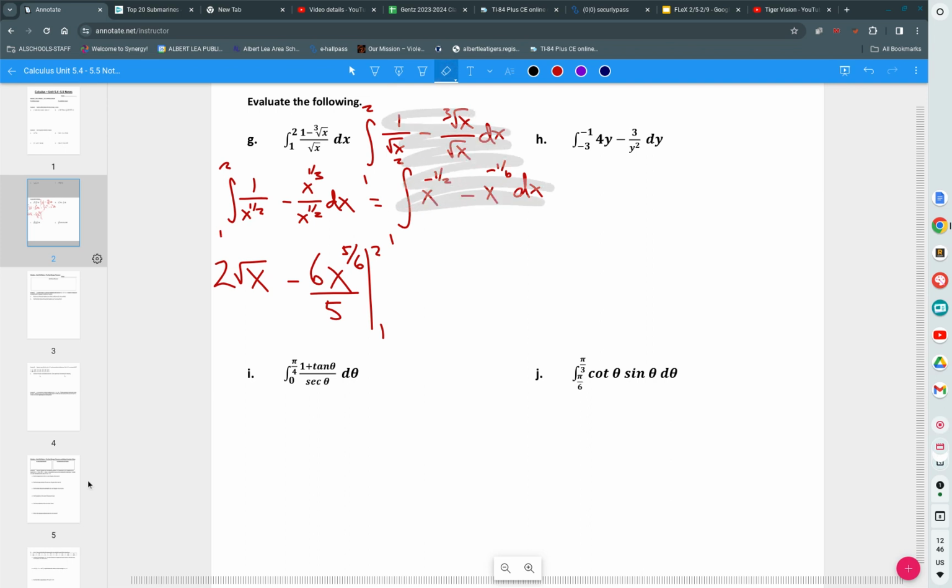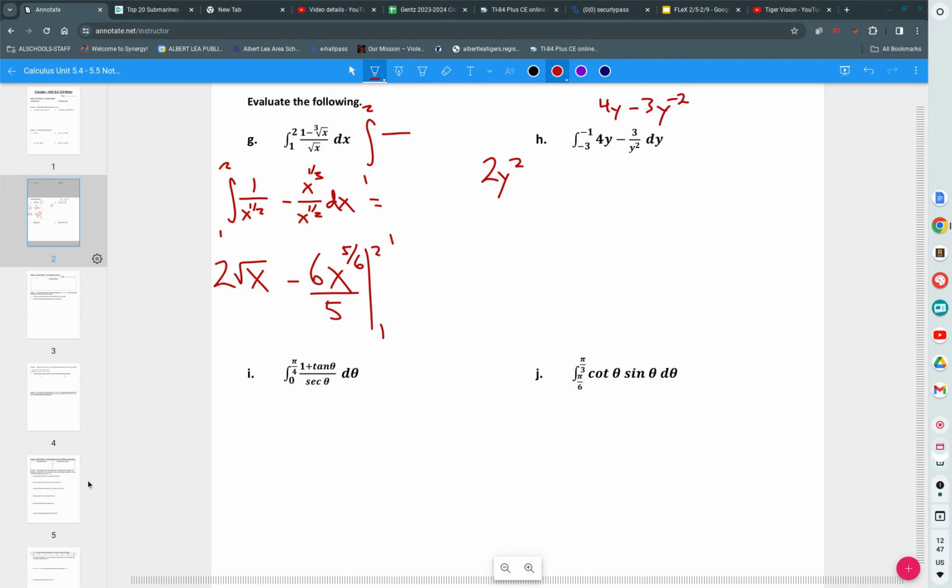We move to letter H. Integral from -3 to -1 of 4y minus 3 over y squared dy. So I'll write this as 4y minus 3y to the -2. The antiderivative of 4y, 2y squared.